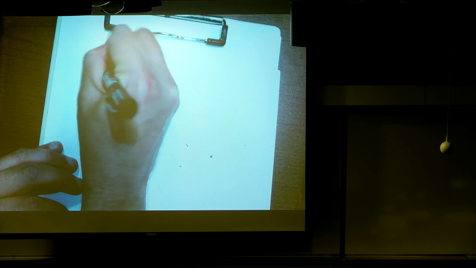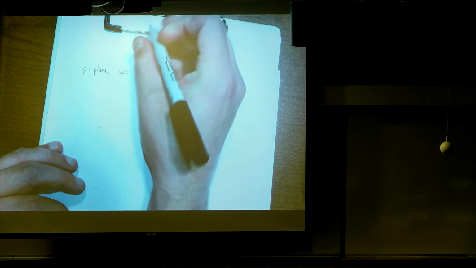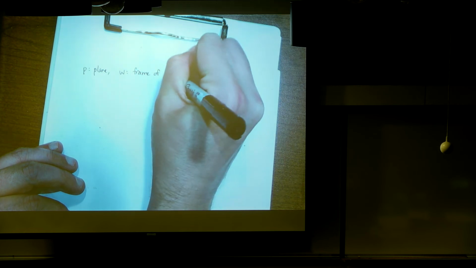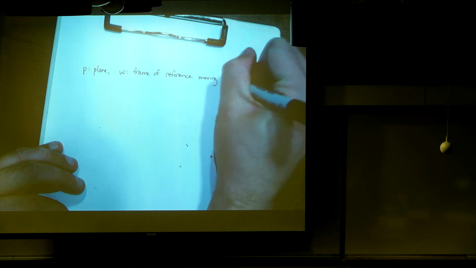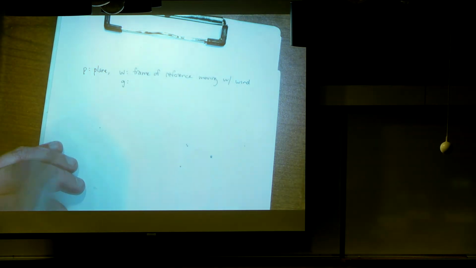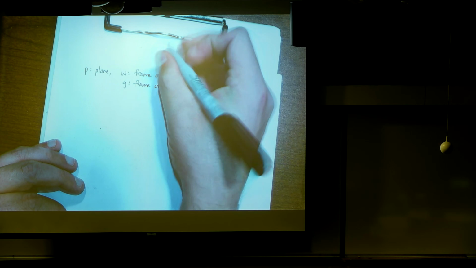It's pretty obvious. W, that's going to be a frame of reference moving with the wind. Okay, and then G, that's going to be a different frame of reference that's fixed to the ground.